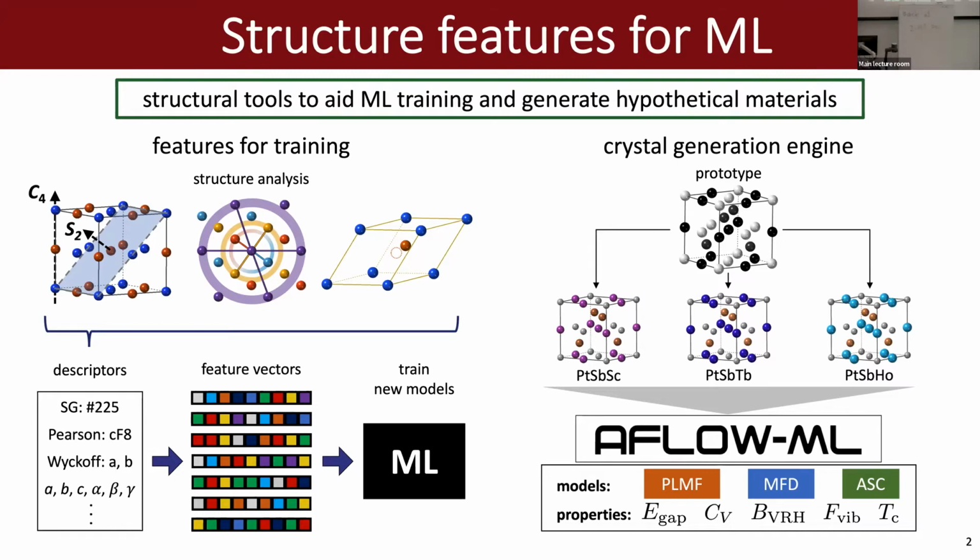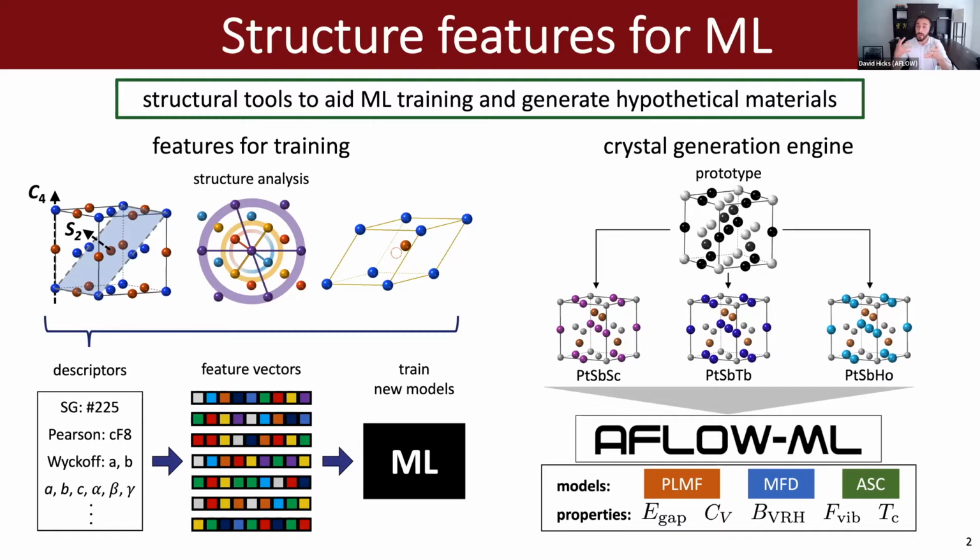The other component of the tools that I'm going to be discussing is crystal generation. In AFLOW, we've created a prototype generator that takes backbone crystal structures, and you can decorate these structures with different elements. For instance, you can create these three compounds here based on that single structure. This is built into the AFLOW software, so you can do this programmatically.